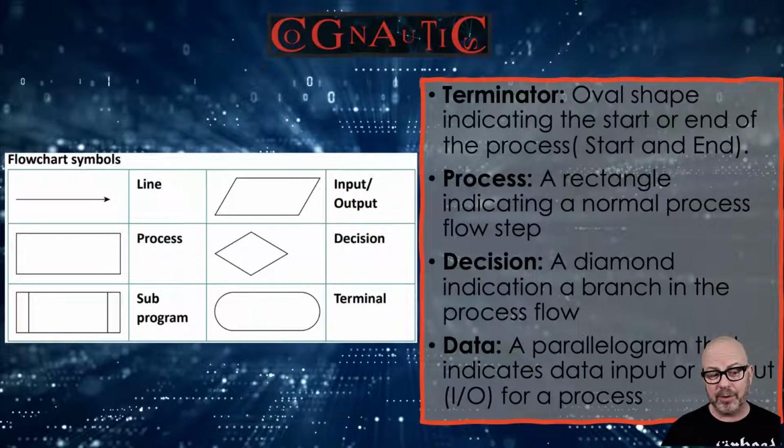So it's a process, but it's got those two vertical lines sort of towards the end of the boxes. So make sure you're happy with what each of these different symbols represents, okay? Oval shape, start or stop, the process, the rectangle, the decision, and the data, and that's for input or output, all right? Good. So let's move on to the next one.